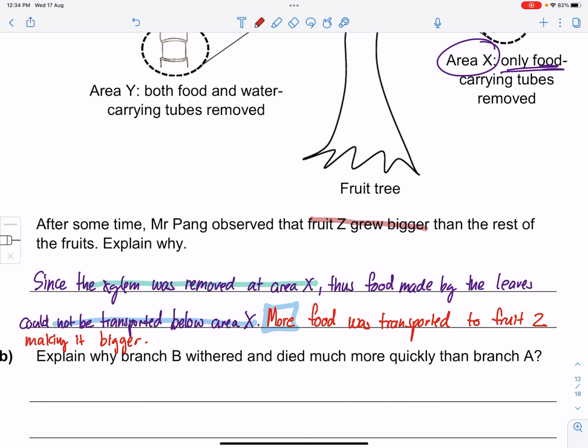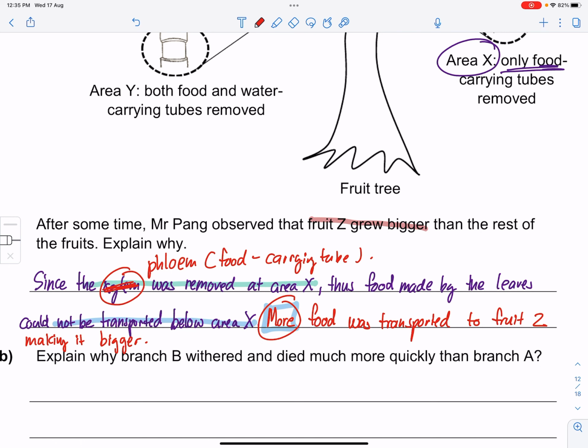Sorry, I just realized I made a very serious error. Please, this is your phloem. My apologies. Over here, please be careful. Because the phloem was removed, food cannot be transported below area X. It would then go to fruit Z. However, the word more needs to be there because whether the phloem was removed or not, food will be stored in fruit Z in any case.